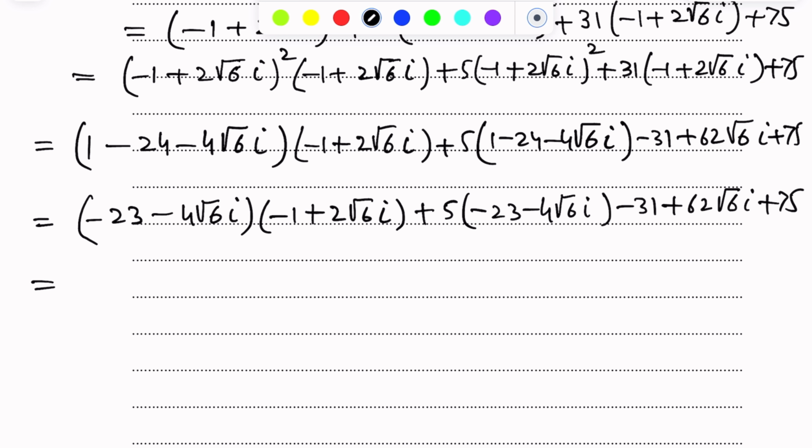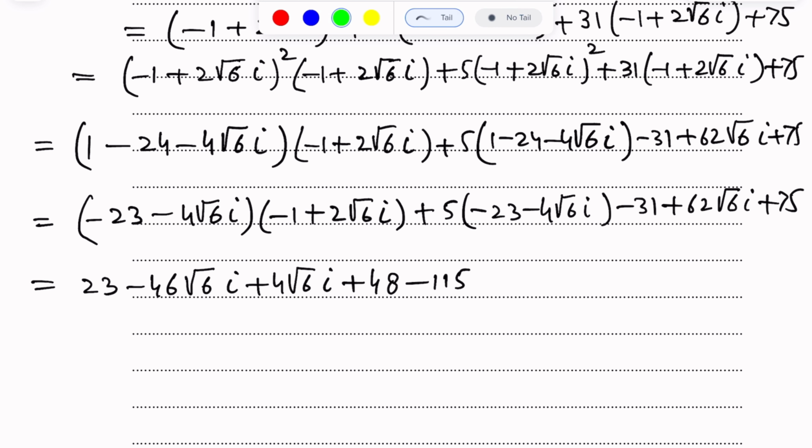This will become minus. Multiplying these two factors, we get 23 minus 46 under root 6 iota plus 4 under root 6 iota plus 48, minus 115.